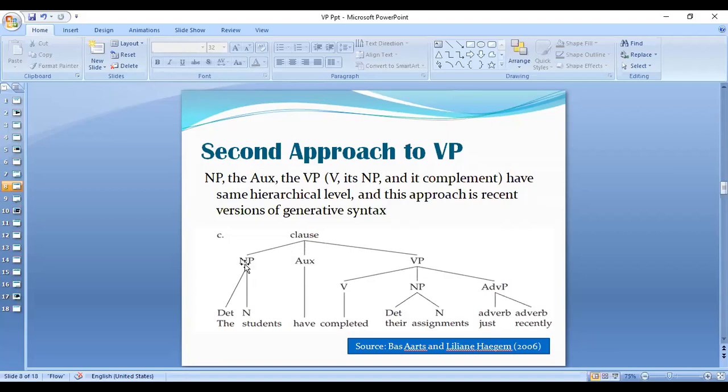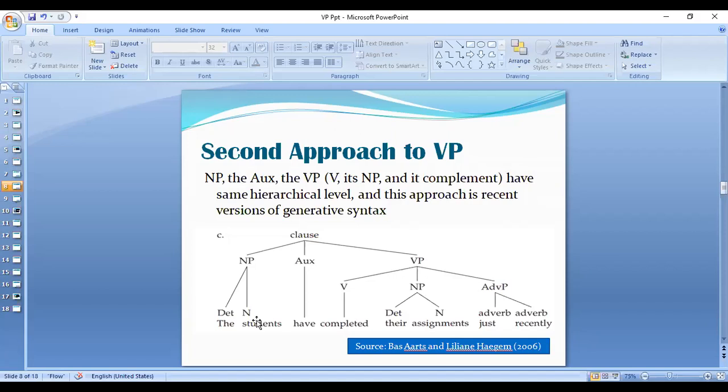So we can say that here verb phrase is not grouped with the auxiliary verbs, but verb phrase here signifies only the main verb and other complements which come in the sentences.